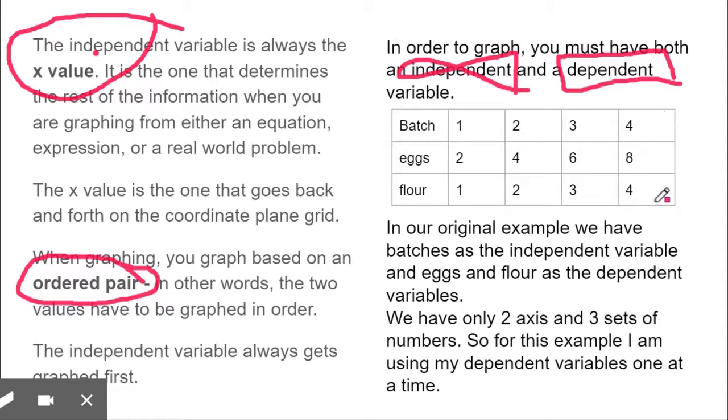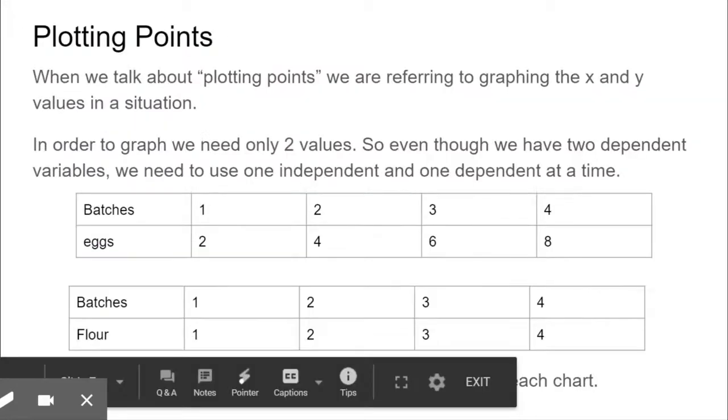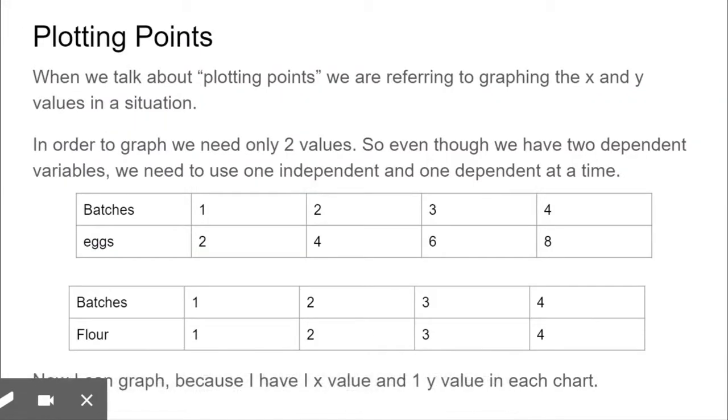We have 3 lines here, but we only have an X and a Y. So because this is the independent, I can compare the independent to this one. I can also compare the independent to this one. These are called having a relationship. As you can see now, I have separated the independent variable and put it with one dependent variable.